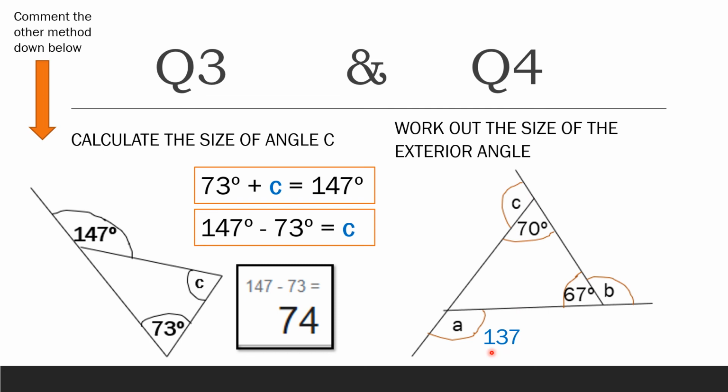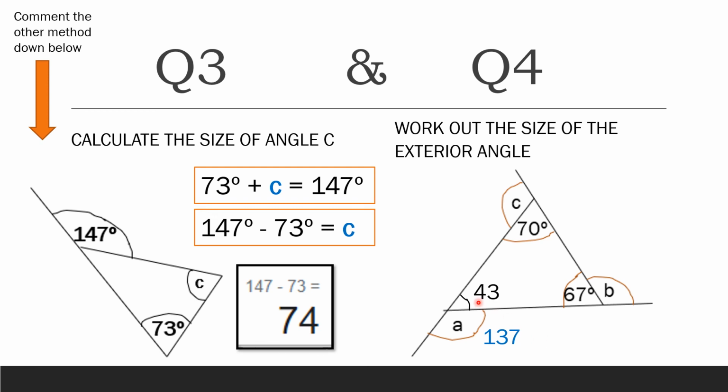Now we know that 137 and this angle right here are lying on a straight line, which means they must add up to 180 degrees. So we subtract 137 from 180 and we'll get 43.